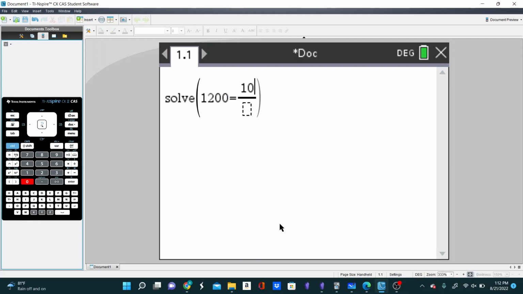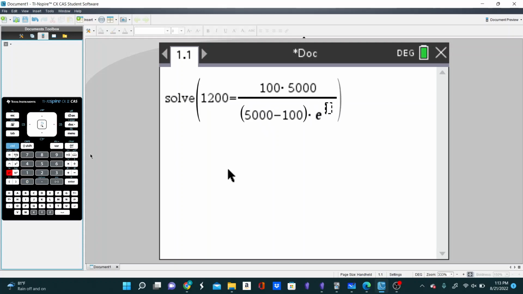It's going to be the initial population times the carrying capacity, which was 1,200, or was it 5,000? 5,000. So 100 times 5,000, and then divided by the carrying capacity minus the initial population times e to the negative r times t. This is after 2 years, so our time will be 2, and then plus our initial population.